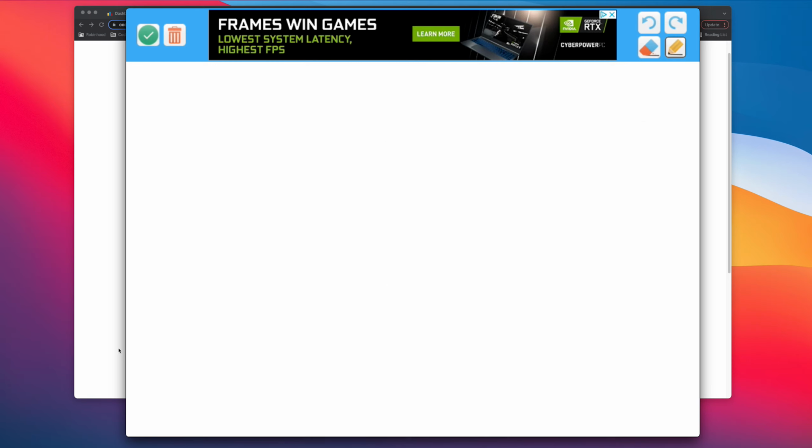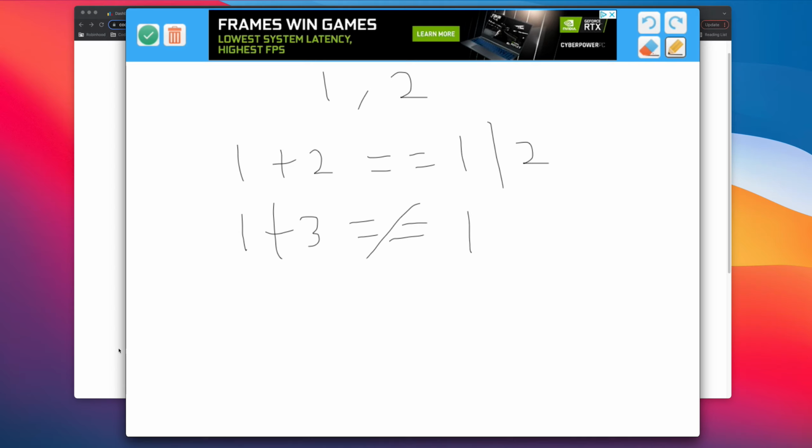Now the catch here is, if there are no carry bits involved, then if I take two numbers, let's say 1 and 2, the sum of 1 and 2 is equal to 1 OR 2. But if I take 1 and 3, obviously 1 plus 3 is not equal to 1 OR 3, because 1 plus 3 has carry bits involved.